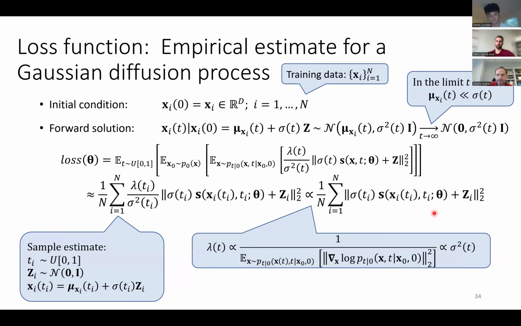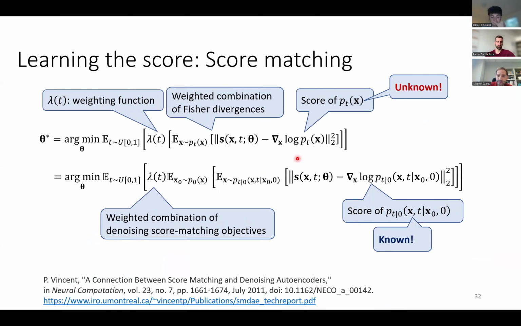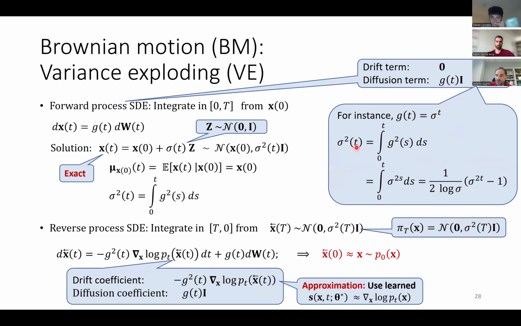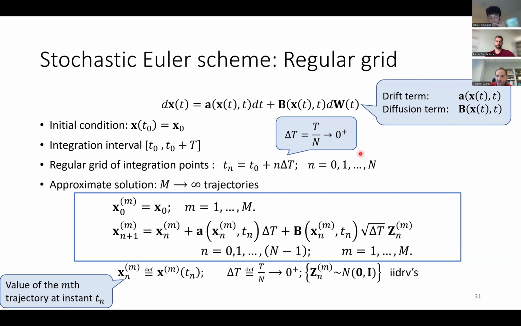And here we've also used this infamous lambda t, okay? Now remember that sigma of t is growing exponentially. Sigma of t is basically sigma to the t, 25 to the t. So this is growing very fast.